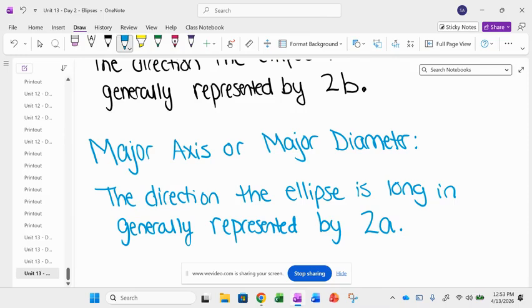It's going to be the actual length. So the 2a is the actual length. The major axis is the direction.